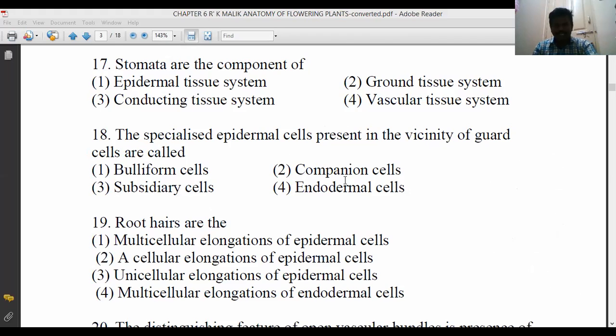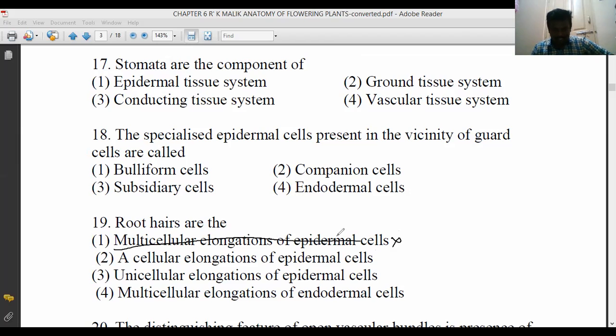Next, what about root hairs? Root hairs are multicellular elongated epidermal cells. It is a wrong option, because root hairs are unicellular.